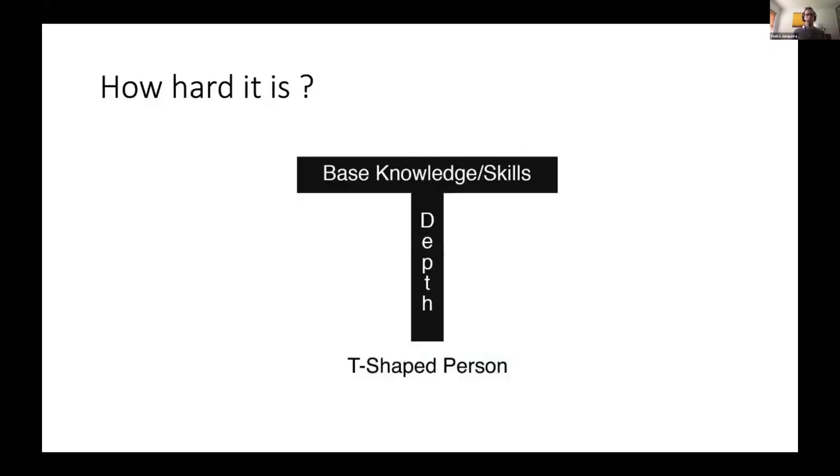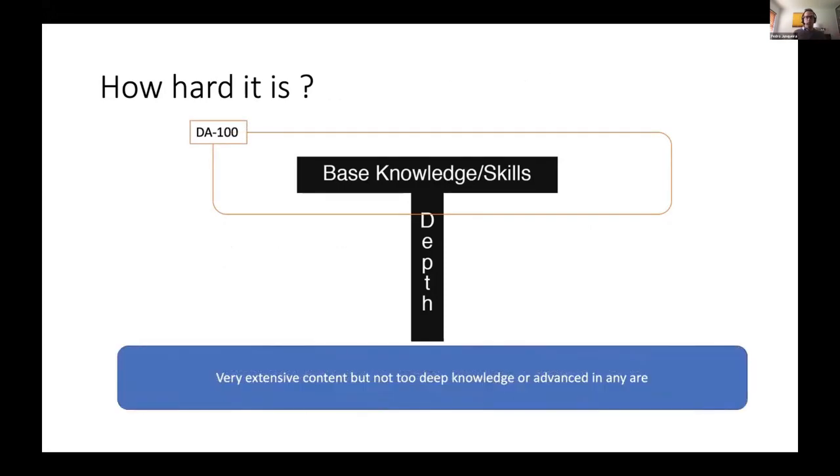So how hard is the exam? If you think about T-shaped knowledge, the breadth is the top of the T, and the depth is the stem. I would say that DA-100 is on the top of the T. It doesn't go too deep into any subject.